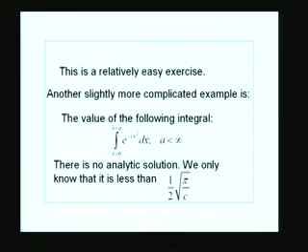Another example. The previous one is a relatively easy exercise, but here is a slightly more complicated example. Let us calculate the value of the integral of exponential of minus some constant times x square dx. C is a constant, and the integral is calculated between x equal to 0 and x equal to a finite value a.